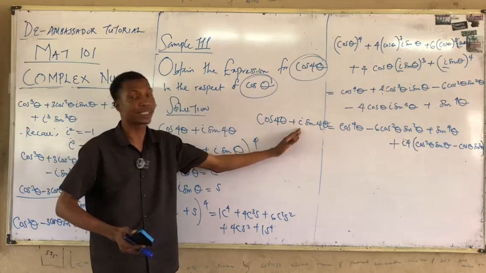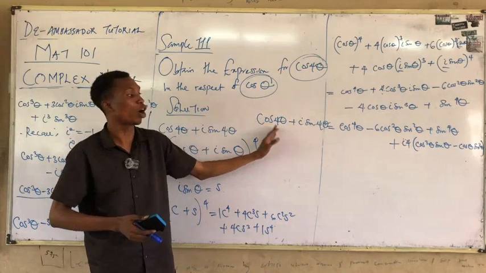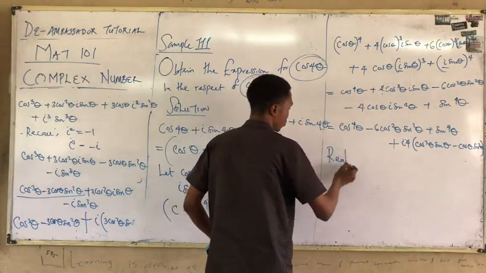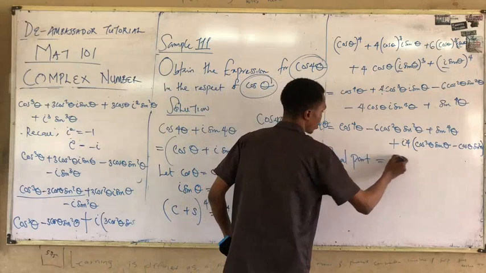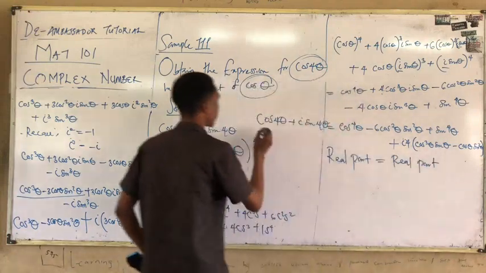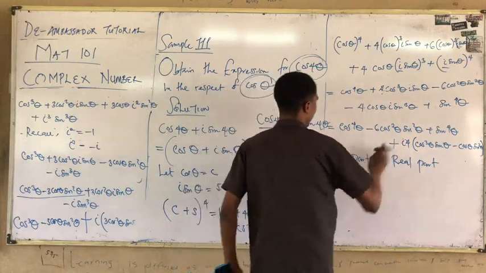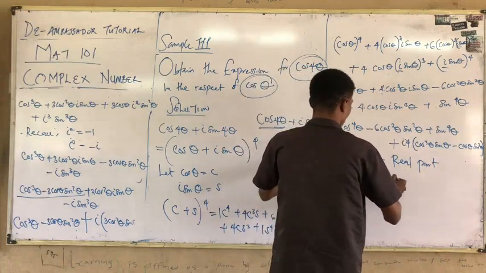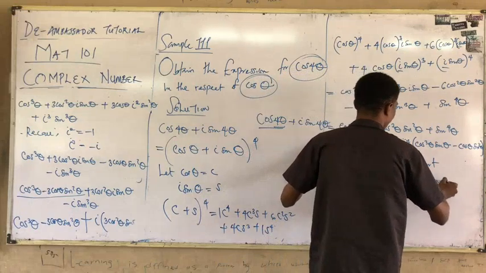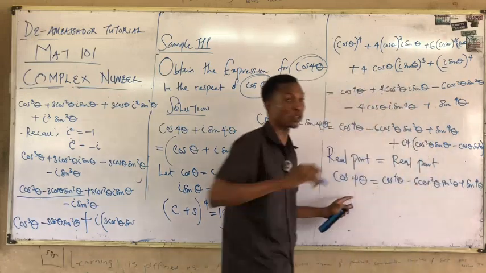The imaginary part, you equate to the imaginary part. So what is the real part here? Cos 4 theta equals cos 4 theta minus 6 cos square theta sine square theta plus sine 4 theta. This is what you have to find.